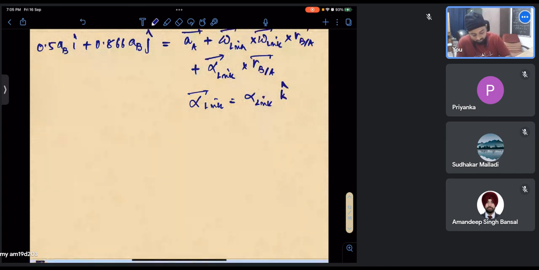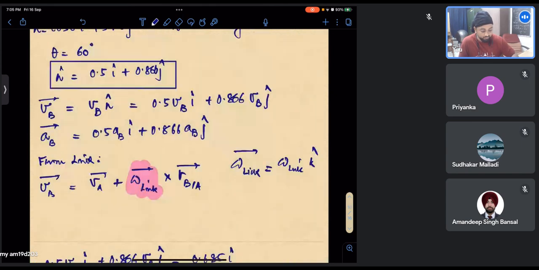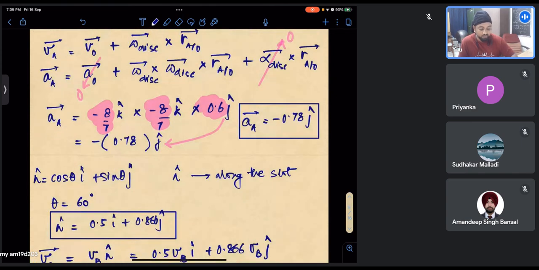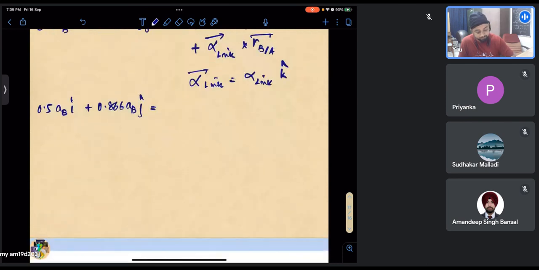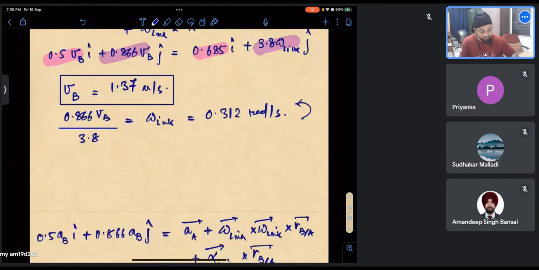Okay. So if we were to write this, AB I cap plus 0.866 AB J cap. What is acceleration of A? We got it here as minus 0.78 J. And omega link we have got just in the last slide.